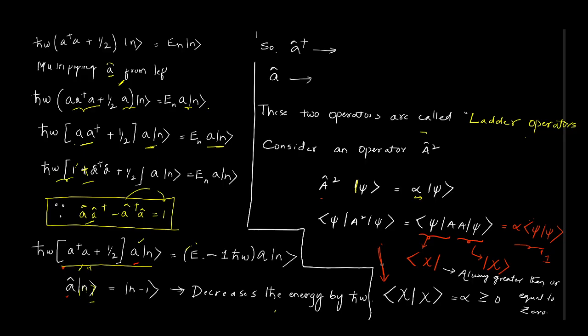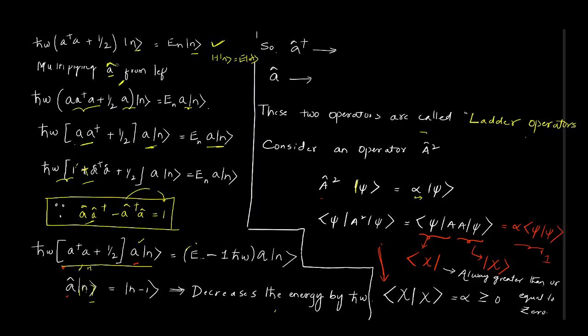And next, we will use the same Schrodinger equation, H ket = E ket. Here H is nothing but what we found in terms of A†A, that is ħω(A†A + 1/2), and now we are going to multiply with a.